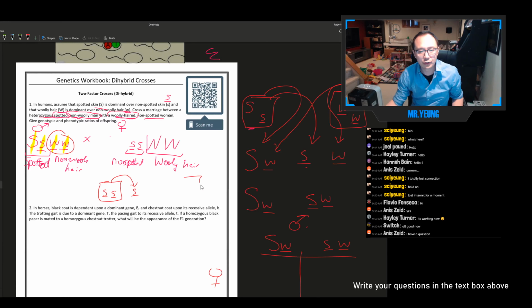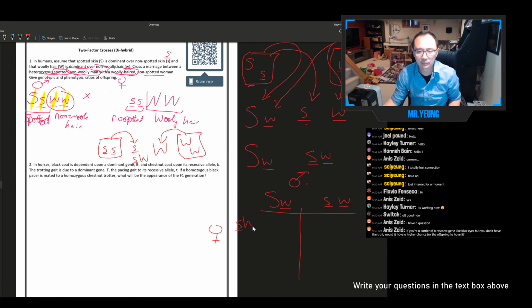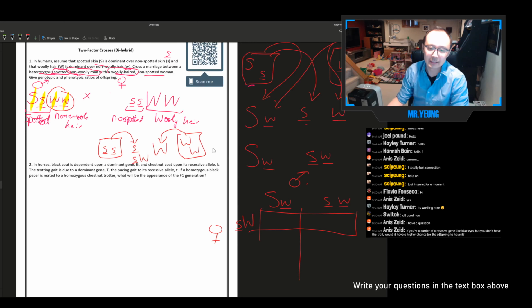Then you have a jar of two uppercase w's, and again the only thing you can get is the uppercase W, right? That's the only possibility. So instead of being redundant and writing lowercase s and uppercase W again, you're just going to do one of them, like this. So your Punnett square for this is actually a lot smaller because these are the only possibilities that you have.